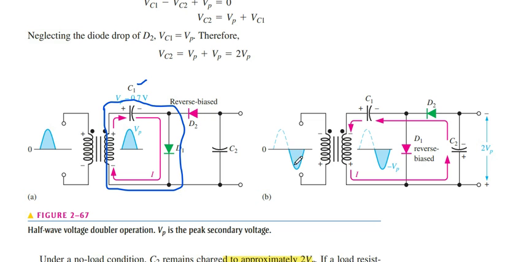and when the negative half cycle is passed through it, D1 is reverse biased. On the other hand, D2 is forward biased.